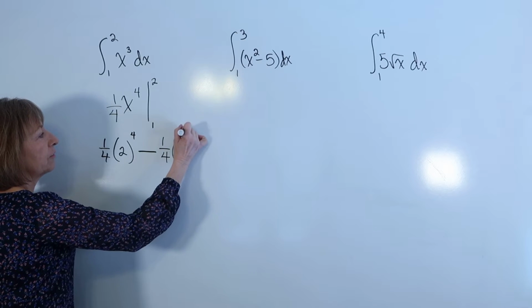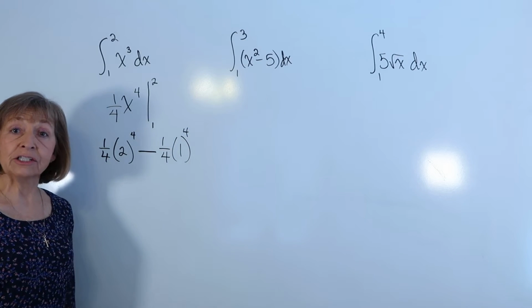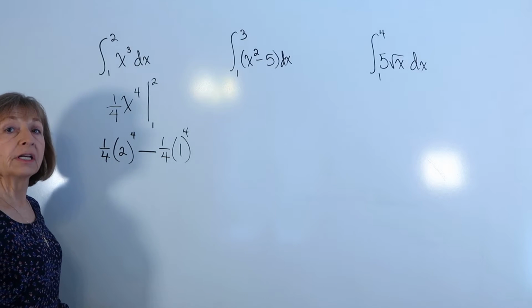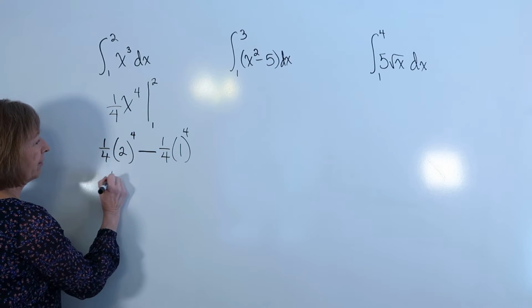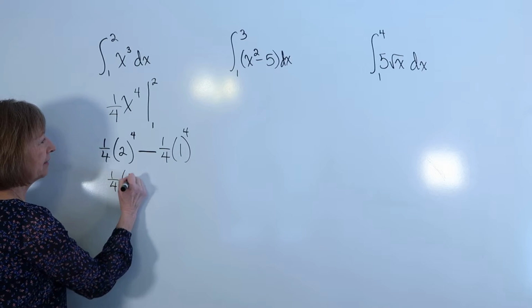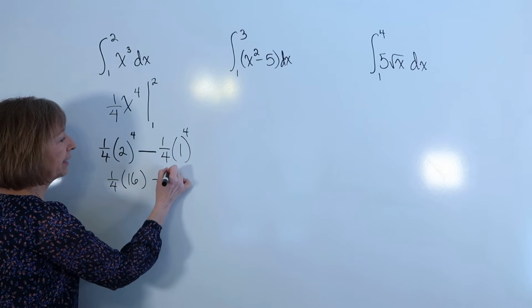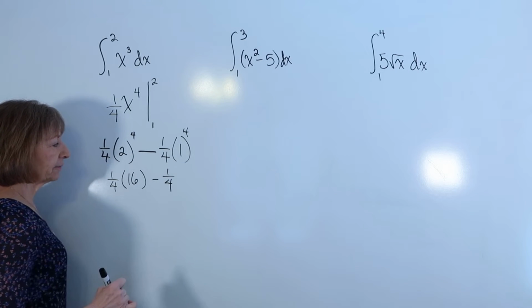1/4 times 1 to the 4th. And then we just need to do the numerical work from there. So 2 to the 4th is 16, so I have 1/4 times 16 minus 1 to the 4th is 1, so minus 1/4 there.